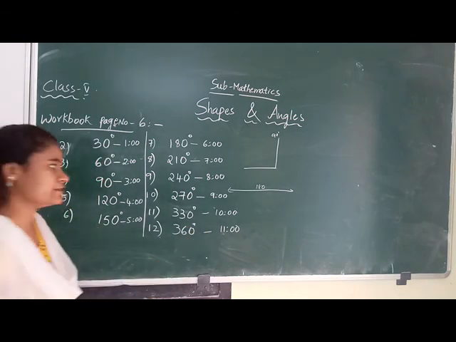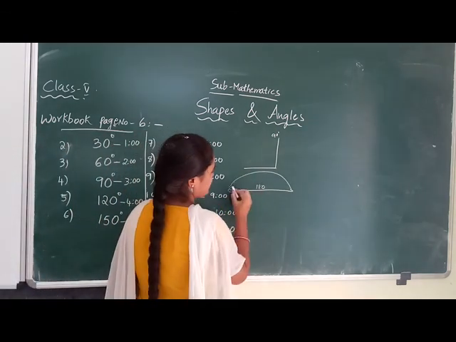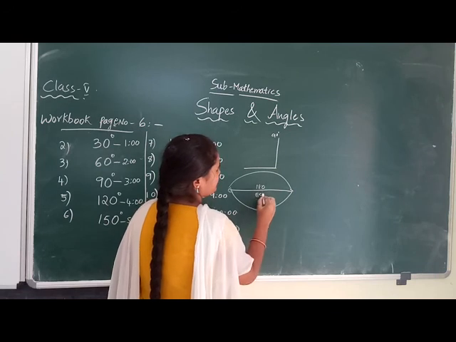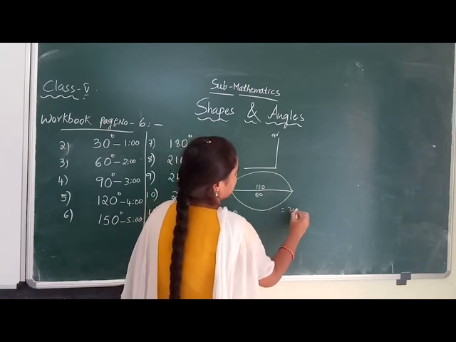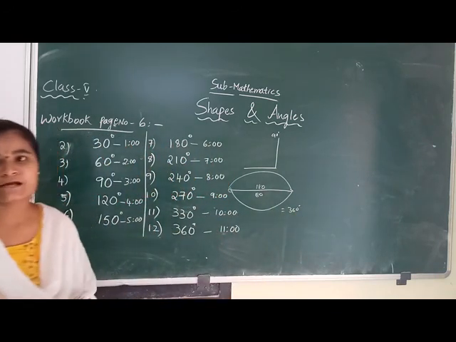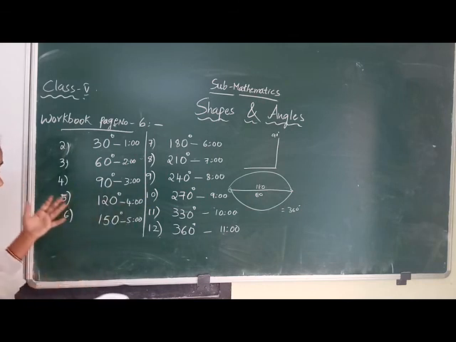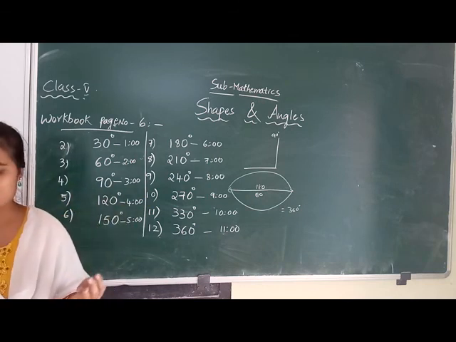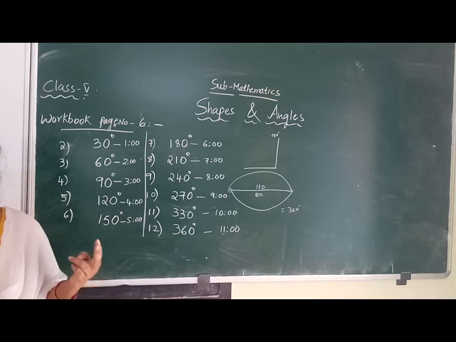Okay, total 360. Here 180 degrees, here 180, total 360 degrees. Okay, once again I am repeating this one. Identify the angle between the two hands of the following clocks. One is done for you. 12 o'clock is 0 degree.